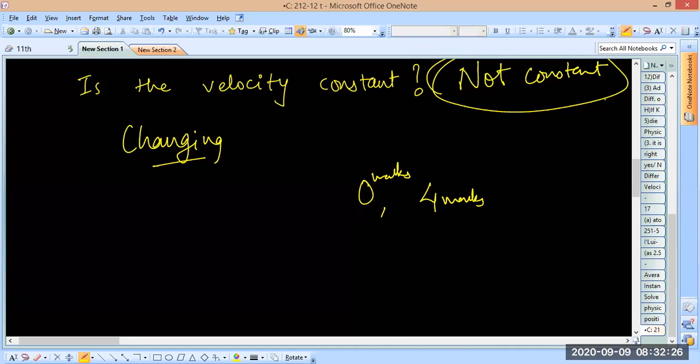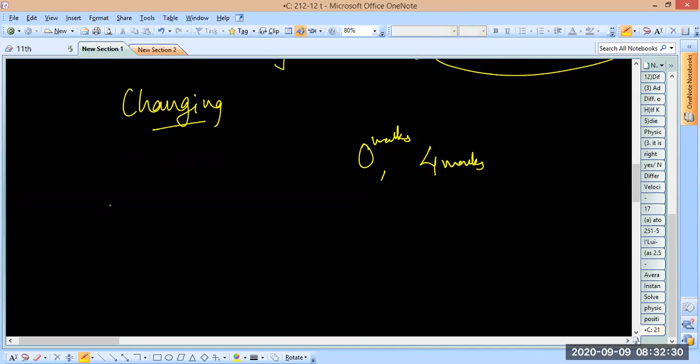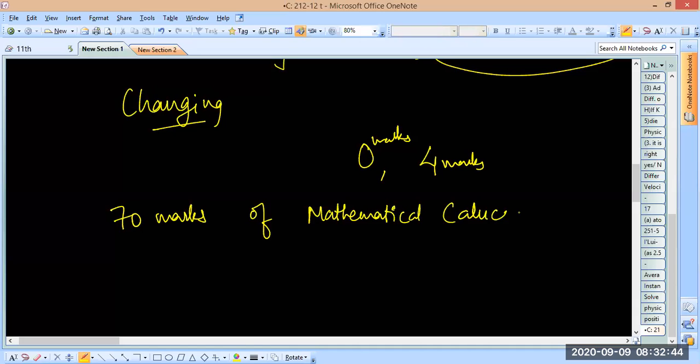See, let me tell you, everyone, in your board exams you will get at least 70 marks of mathematical calculations in physics. Theory is asked very rarely. Okay, it's not like 10th science. It is not like 10th science.